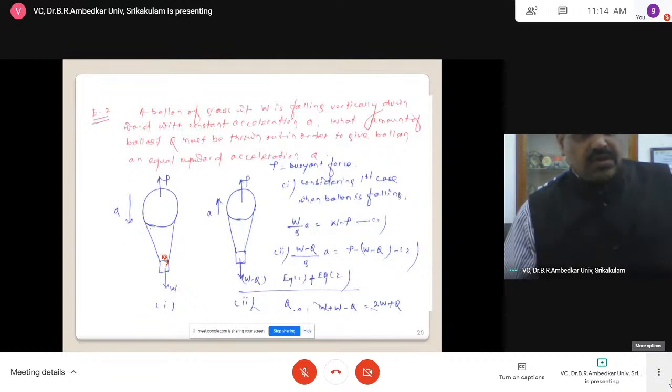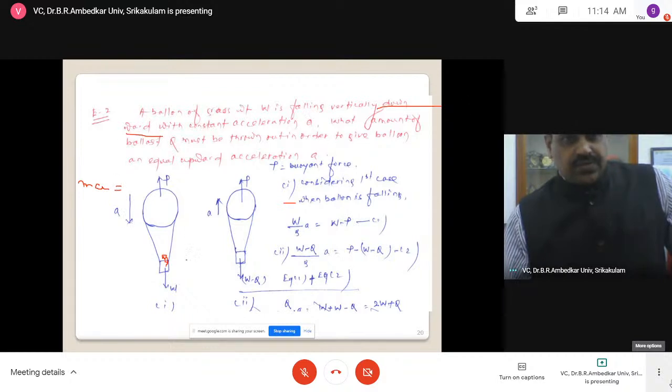Okay, so now consider the free body diagram. Case 1, first case. Mass into acceleration, because downward, this is the downward. Force is upward, weight is downwards. So now the mass into acceleration and W are in the same direction.